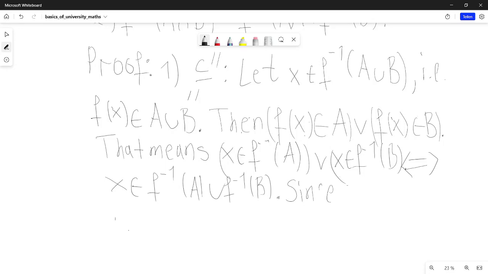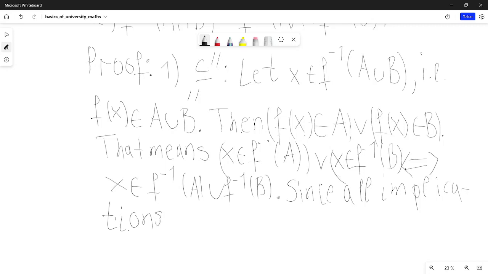all implications, if you don't believe me, write it down and you'll see what I mean. I mean, if you couldn't see how it works.